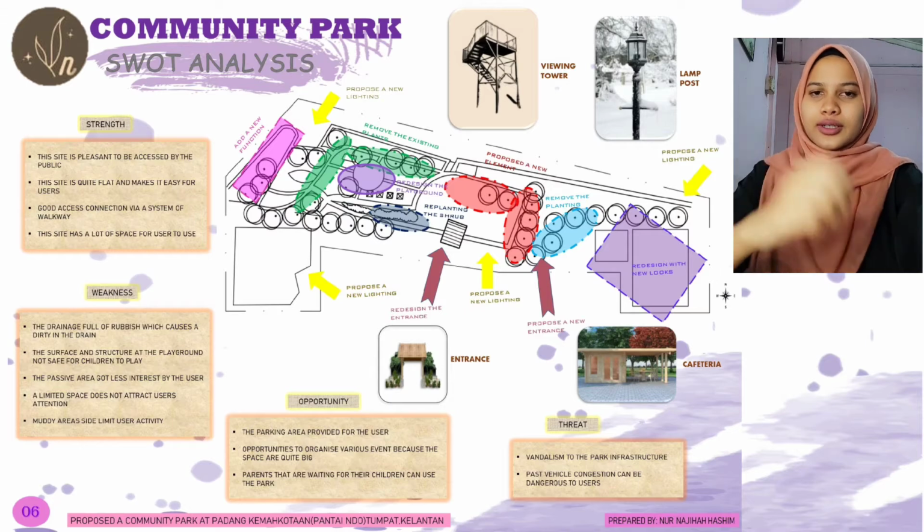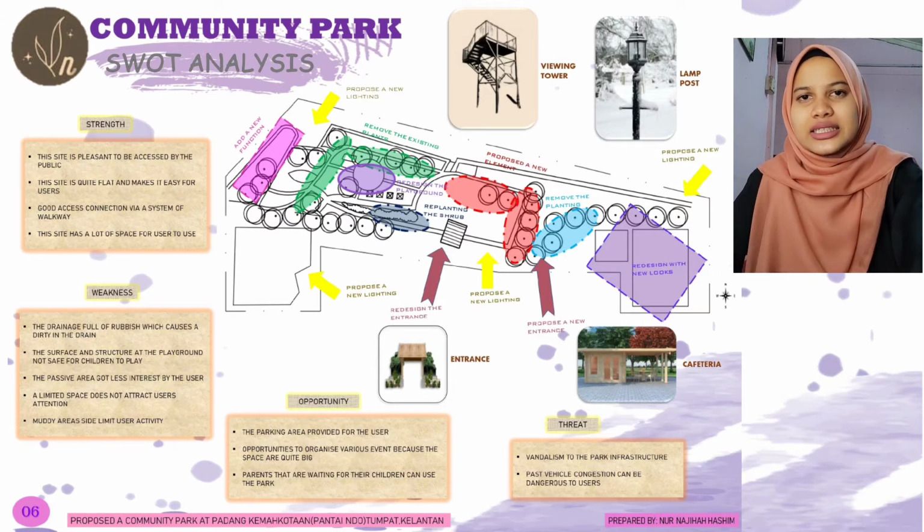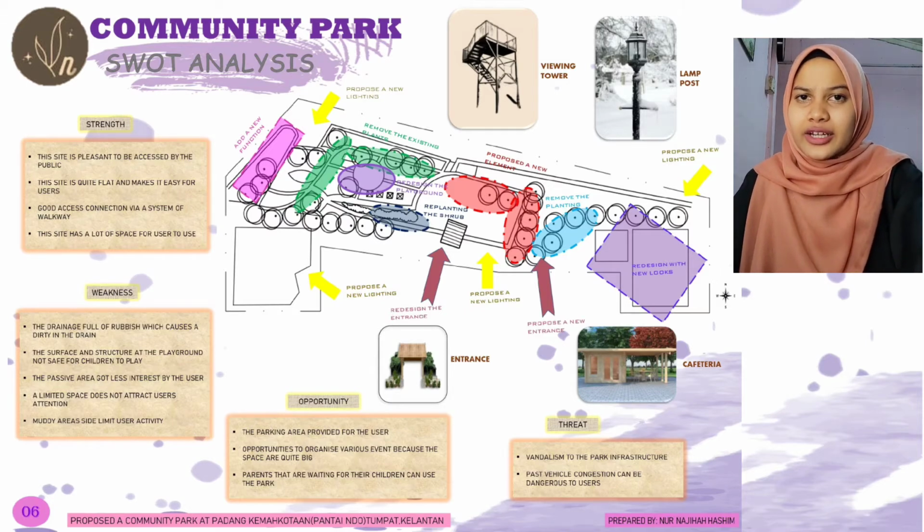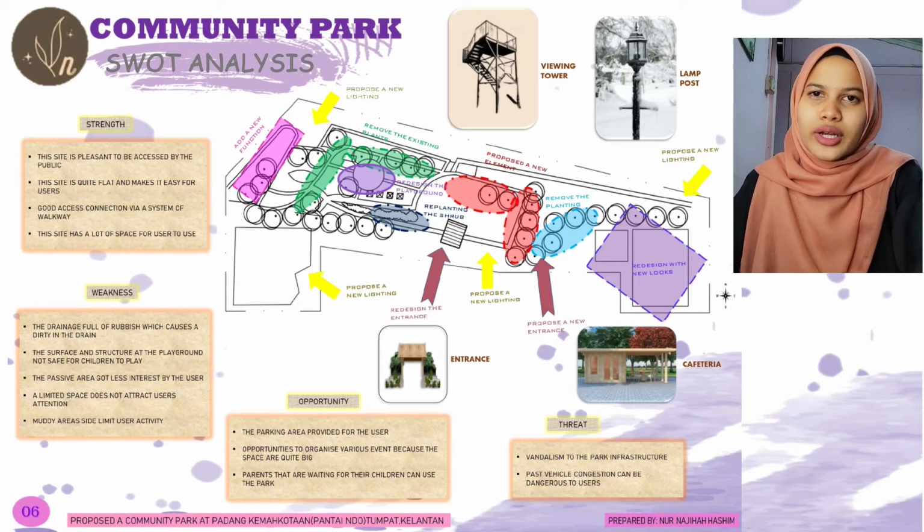Okay, for the analysis of the site, first at the pink area I want to add a new function, and the yellow arrow proposes new lighting at the passive area, and removing the existing plants and planting a new variation of plants.